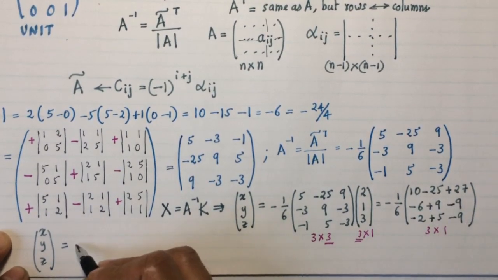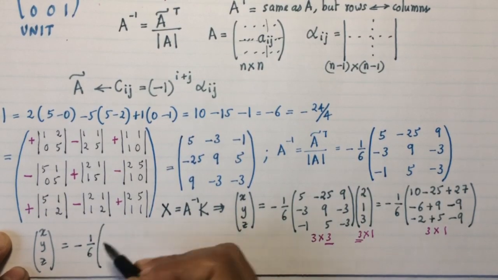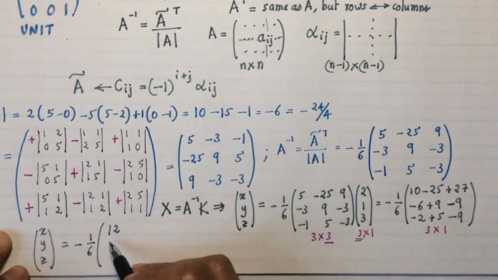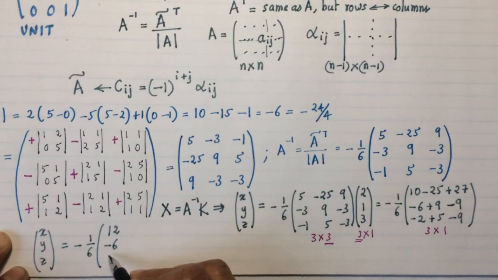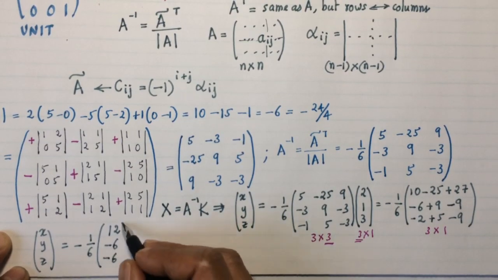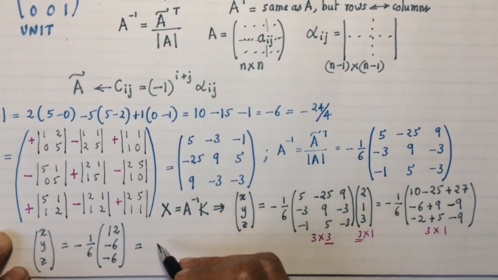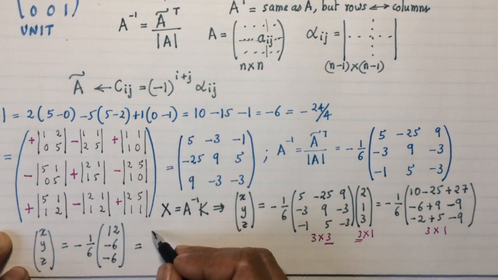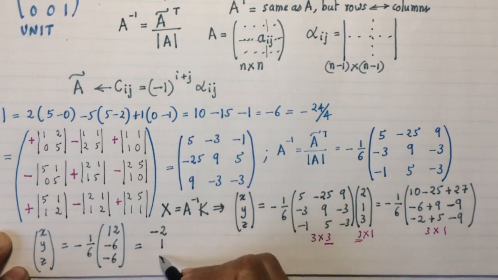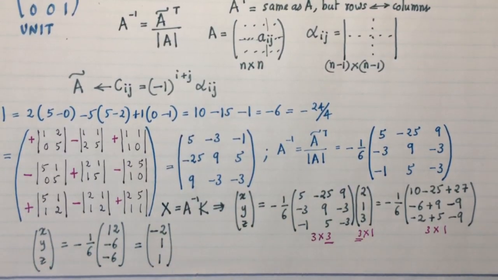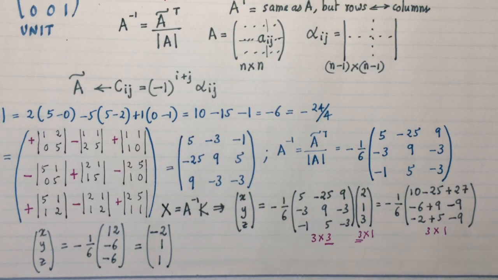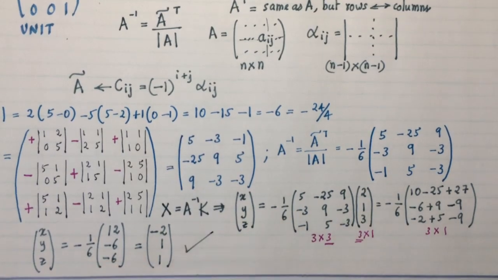When I add these, I get 12, negative 6, because 9 and 9 cancel out, and then also negative 6. It's the exact same answer that we had before, and that's negative 2, 1, and 1. So x is negative 2, y and z each are 1. So it agrees with what we had before.